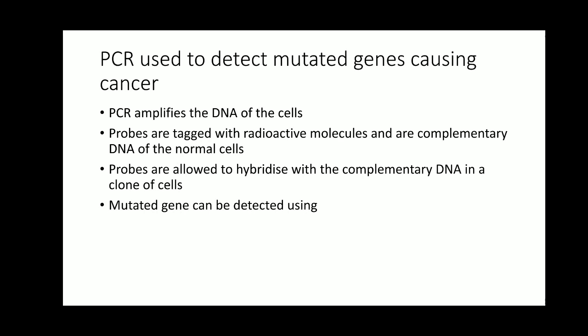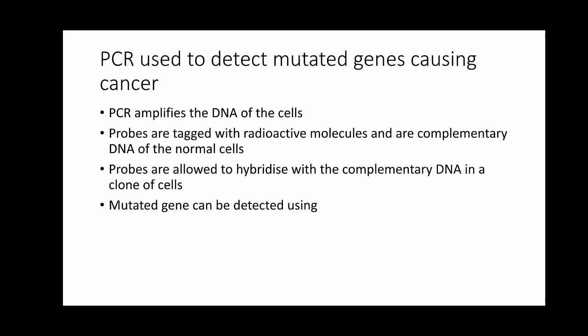Now, the PCR amplified product contains the amplified DNA, which restriction endonuclease will act upon and fragment, and the probes are allowed to hybridize with the complementary DNA in the clone of cells. The probes will seek their complementary DNA because we have designed the probes, the single stranded DNA, to be complementary to the normal DNA.